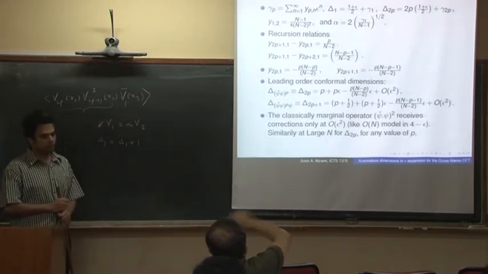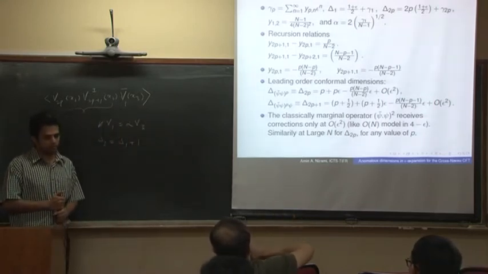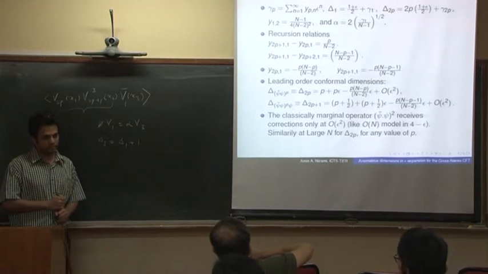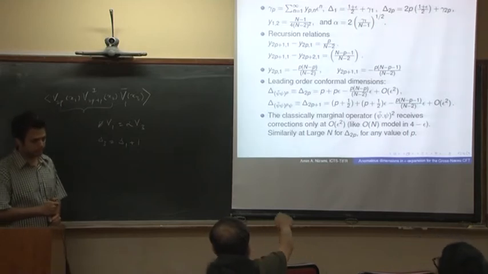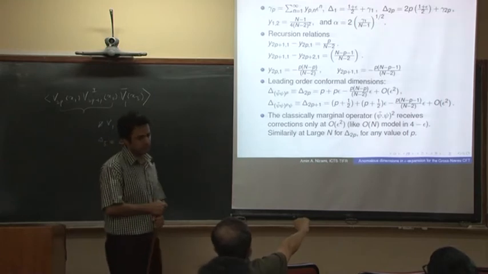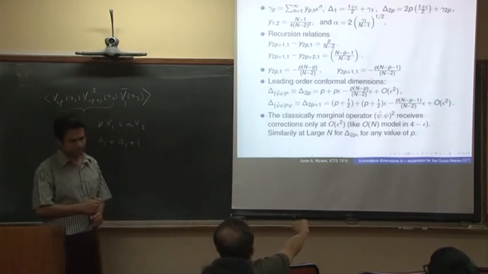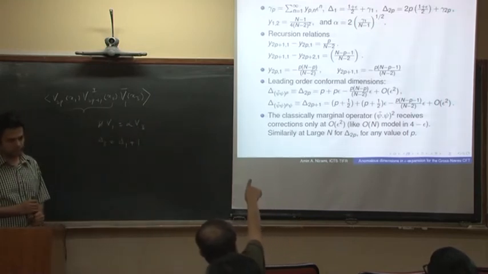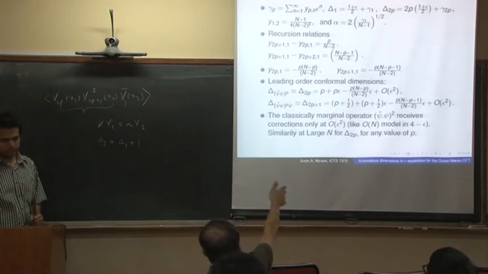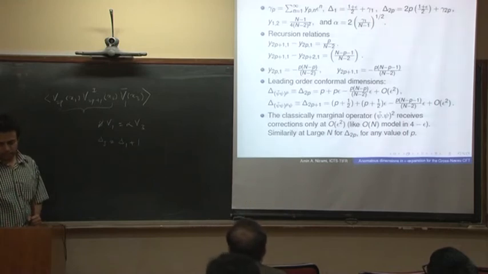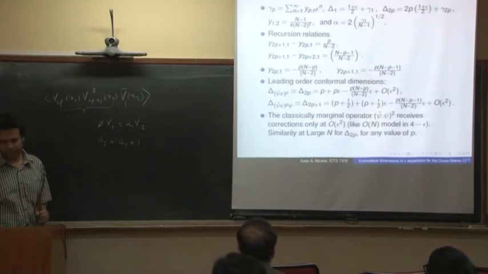No, this includes one loop corrections. Yeah, the leading loop correction. And now you're going to say that you can get this for higher values. No, that's a much more involved exercise. So I'll just make remarks.